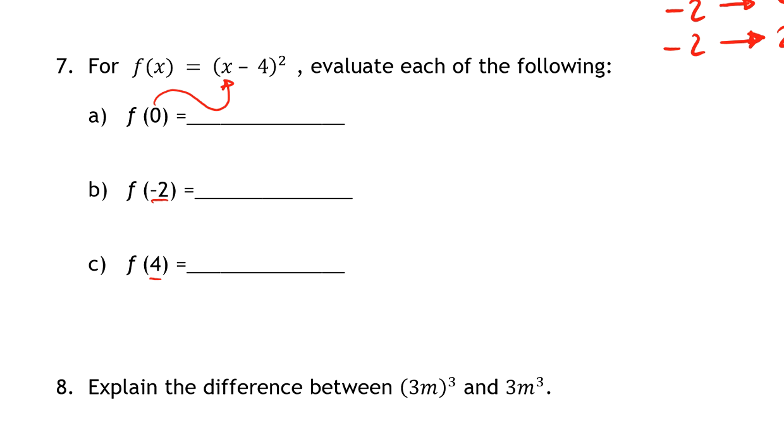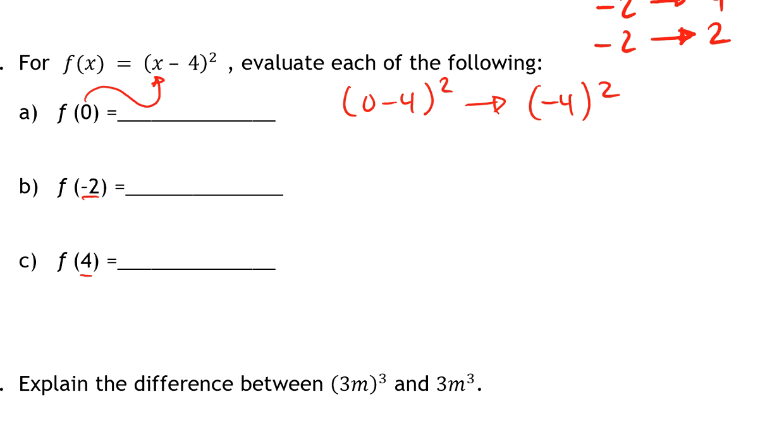When I plug in x is 0, this becomes 0 minus 4 in parentheses, which is negative 4. And when I square negative 4, that is negative 4 times negative 4, which is positive 16. So this is producing positive 16. And the next one, when I place in negative 2, you can see this is negative 2 minus 4, which becomes negative 6.